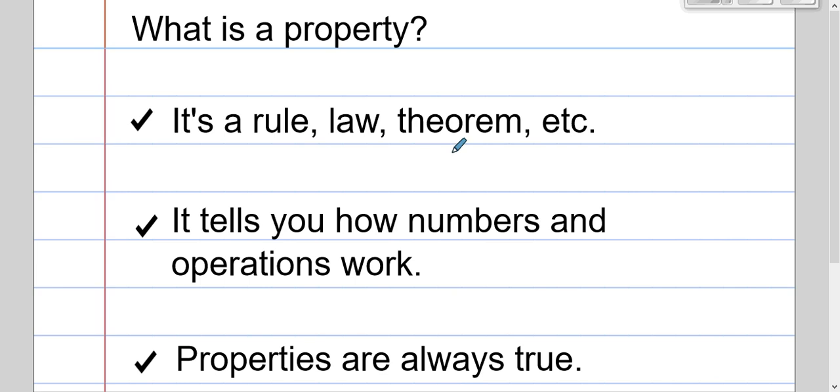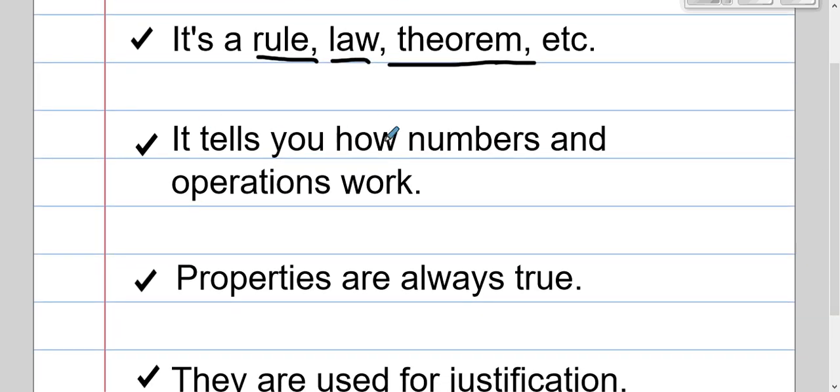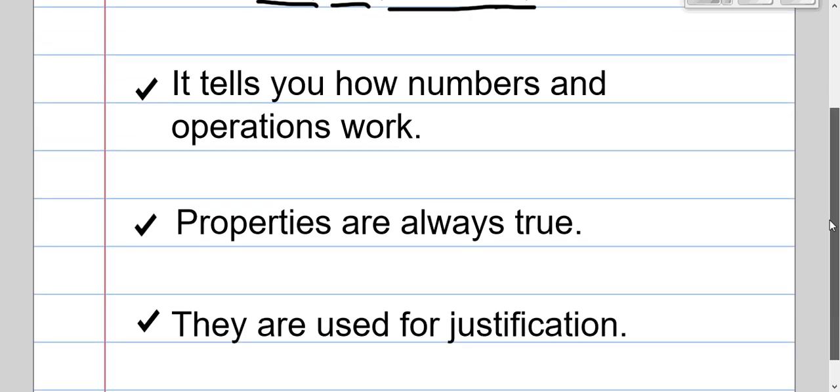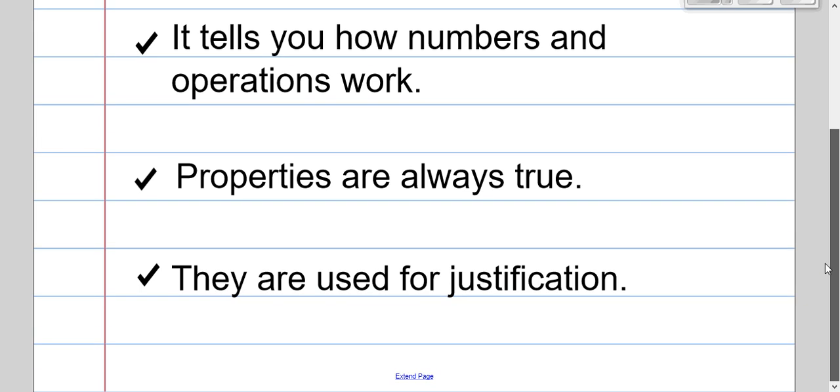What is a property? A property is a fancy word for a rule or a law or a theorem. There are many other names that we call these. They are basically facts about how we perform math. It tells us how numbers and operations work. Properties are always true, and you can use them for justification in a math problem.